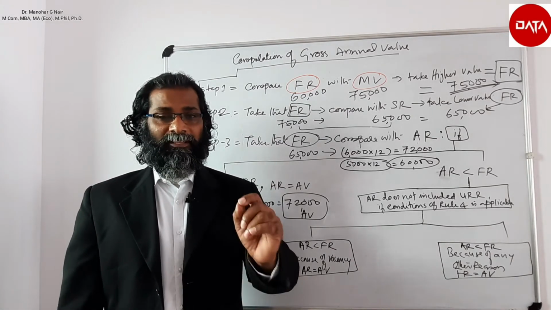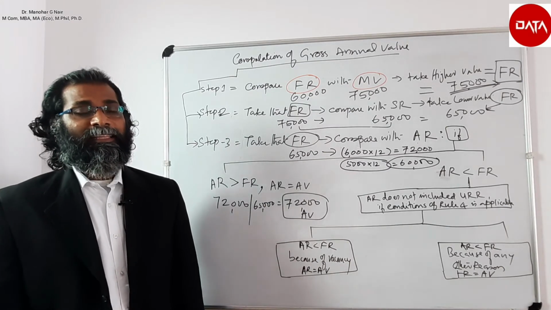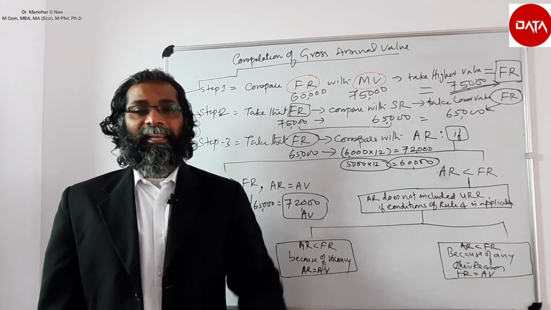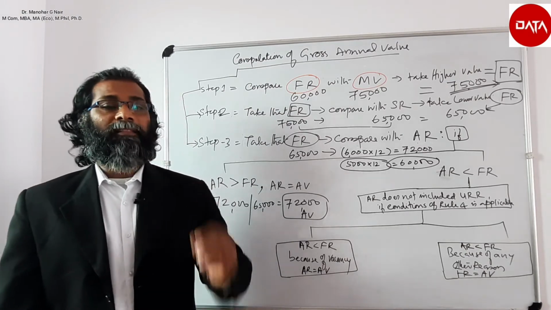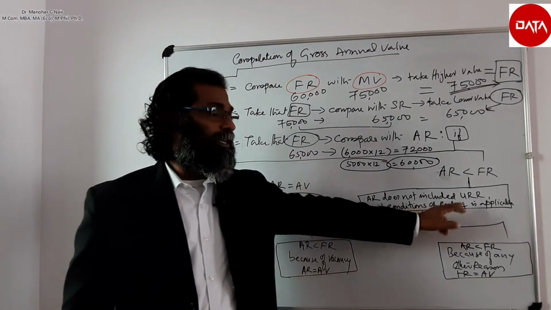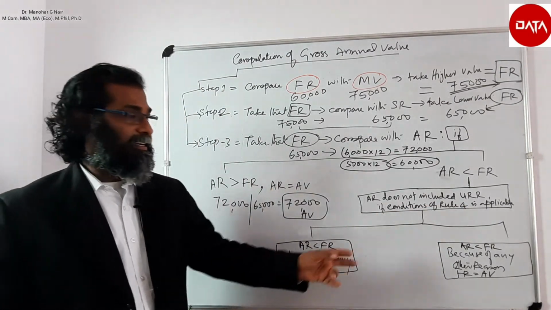If not, he must have filed a case against him. And also, the tenant should not be occupying any other building owned by the landlord. Then we can say that rule 4 is applicable. So these are the conditions. We will explain those conditions once again.